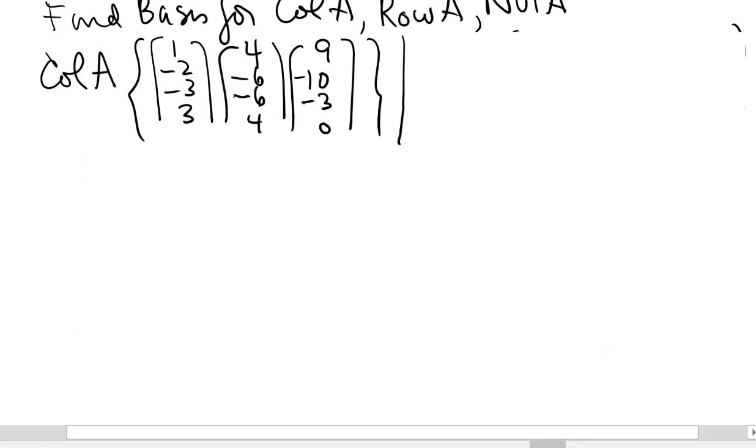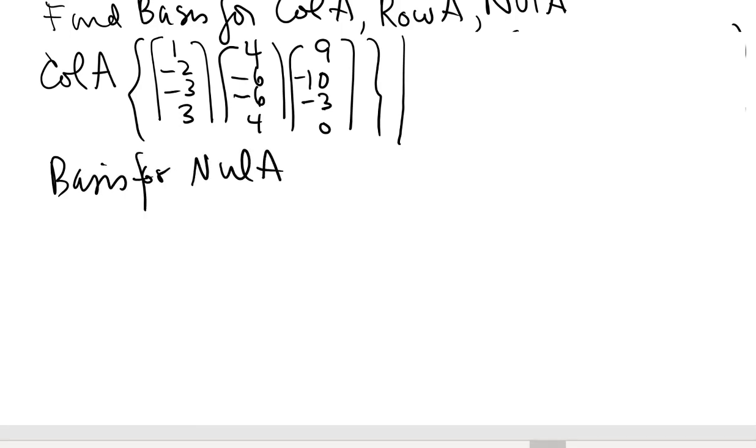Okay, null of A, basis for null of A. Here's where we have to do some more work. The matrix B is not in reduced echelon form, so we have to do a few row operations for that. And you can go ahead and do them. And here's what you should end up with.